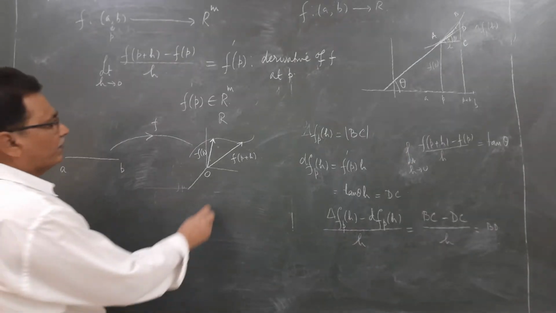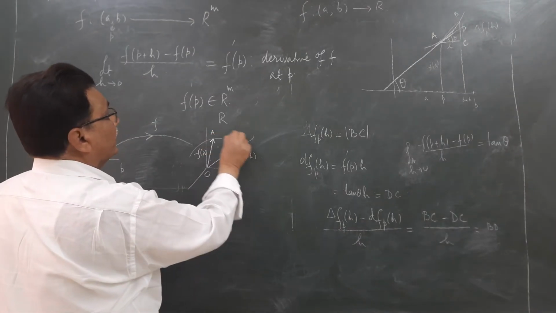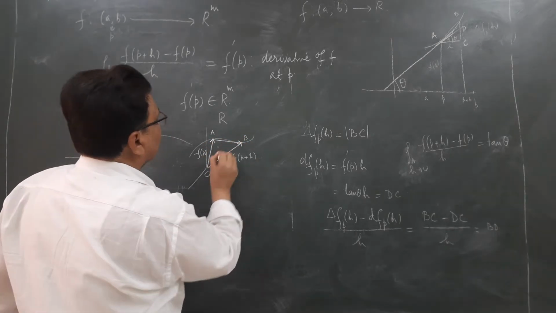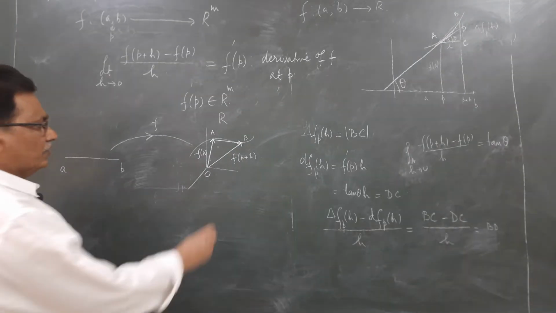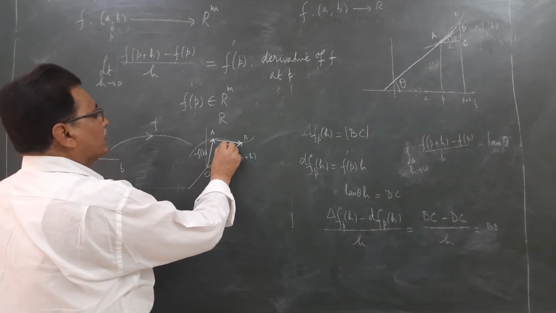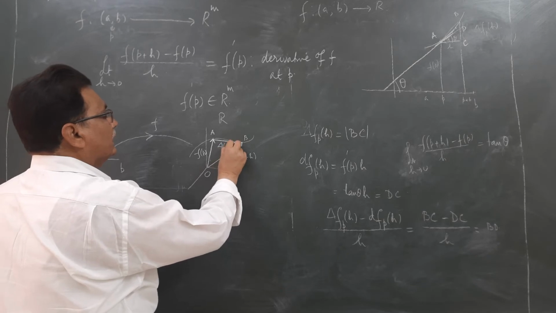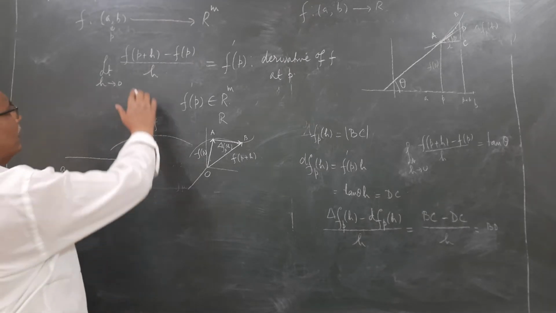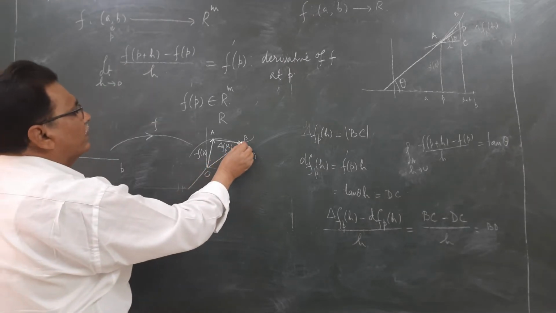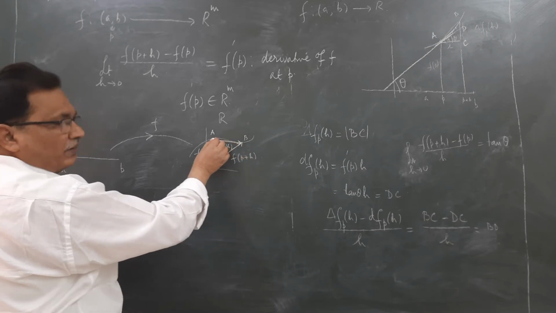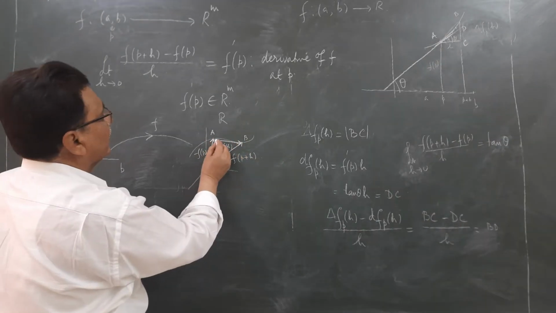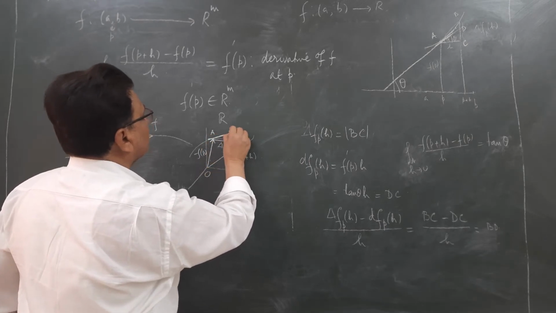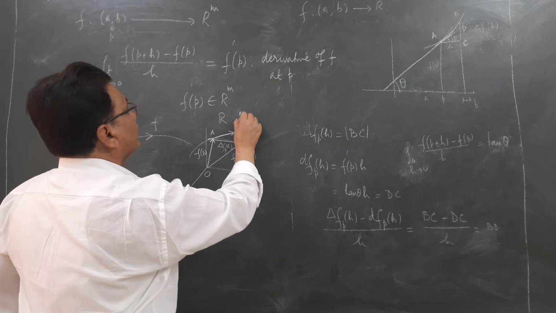And this vector will be f of p plus h. If you call this point A and this point B, the difference between the two is delta f p. Is it right? So delta f p, which you say is the change in f, is actually a vector quantity, which we observed otherwise also. Now when you take the limit of this quotient, once again point B will move towards point A, and this vector will be a tangent vector. You may call it f dash p.